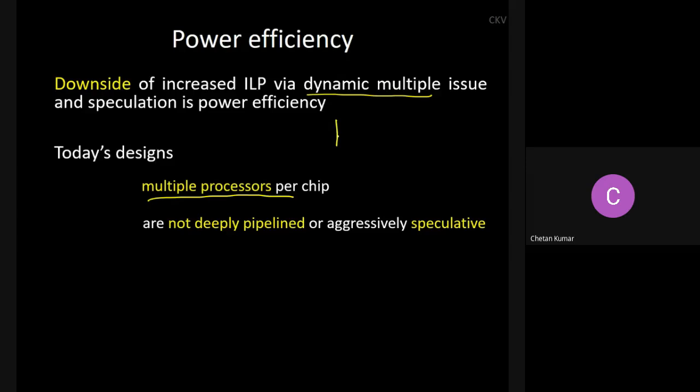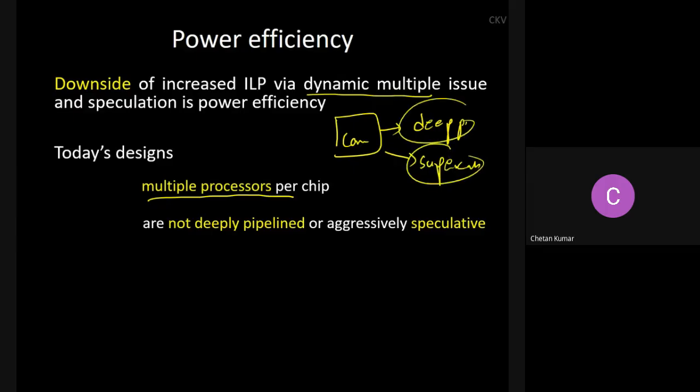Earlier, they used to have a single core with a deep pipeline, or a superscalar kind of architecture, which is much more complex and more efficient. But a single core again had issues with power efficiency. We have discussed this to some extent in the initial lectures.